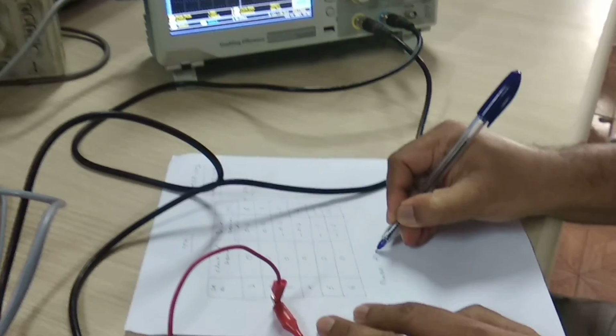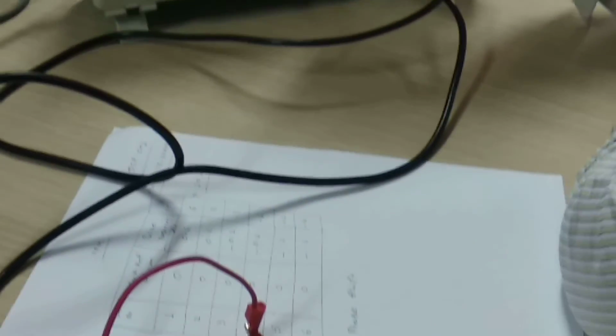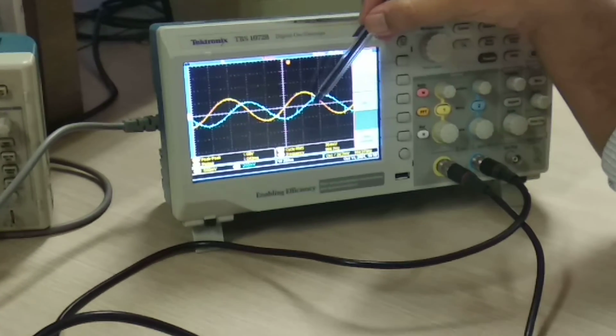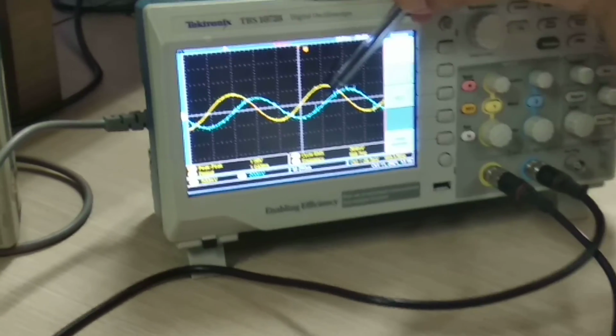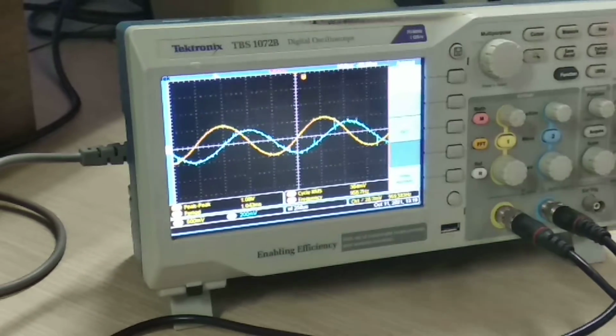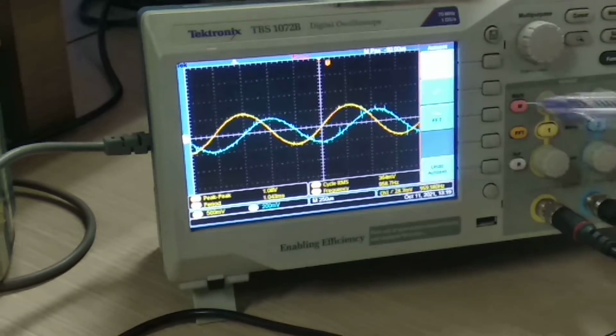Phase shift is equal to, now what is the phase shift I am getting here? This is my starting rising edge, and this is the rising edge. This is division 1, and this is 1.2. So my multiplier is 1.2 multiplied by the time per division. My time multiplier is 250 microsecond.